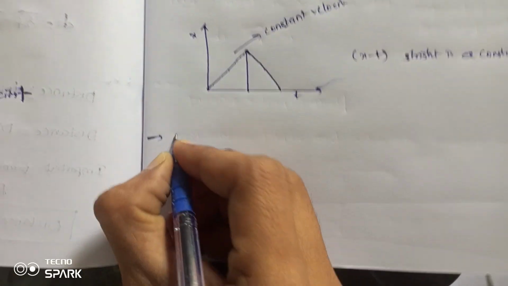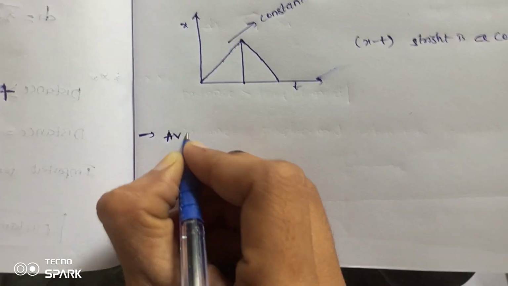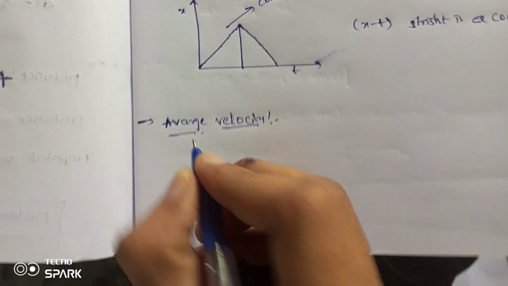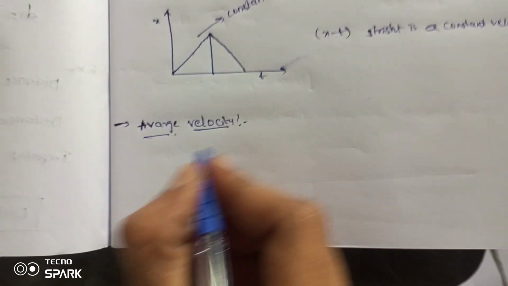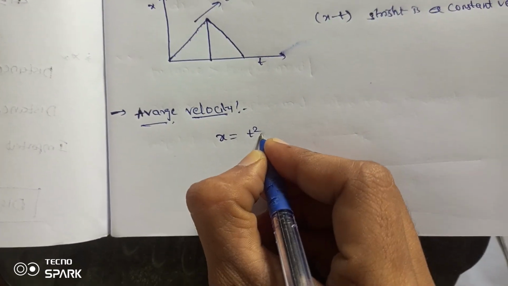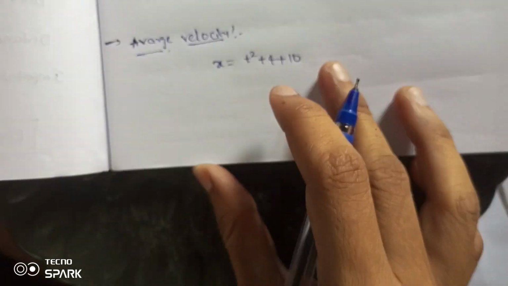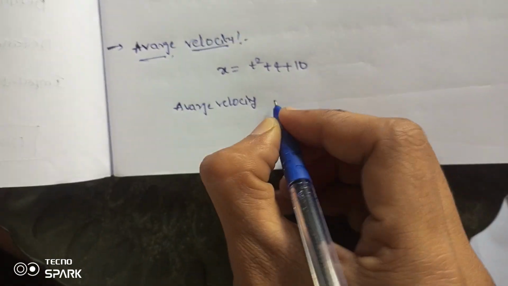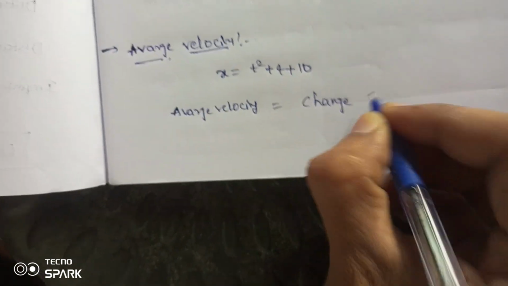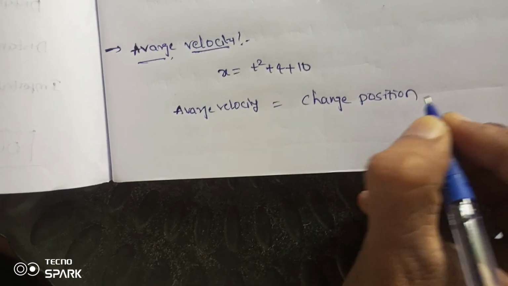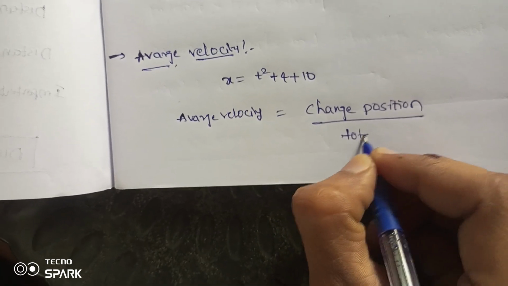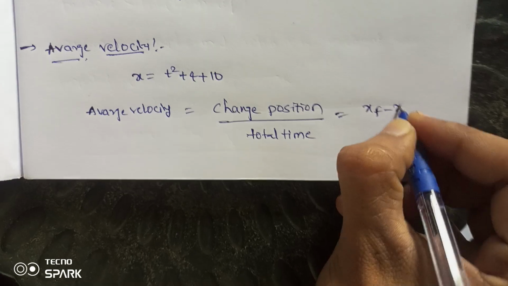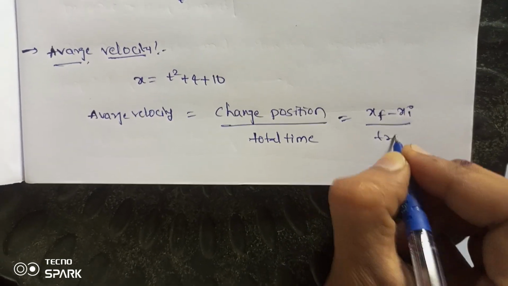Constant velocity. Now let us look at average velocity. Take an example: x is equal to t square plus 4t plus 10. Average velocity is change in position by total time, that means final position minus initial position by t2 minus t1.